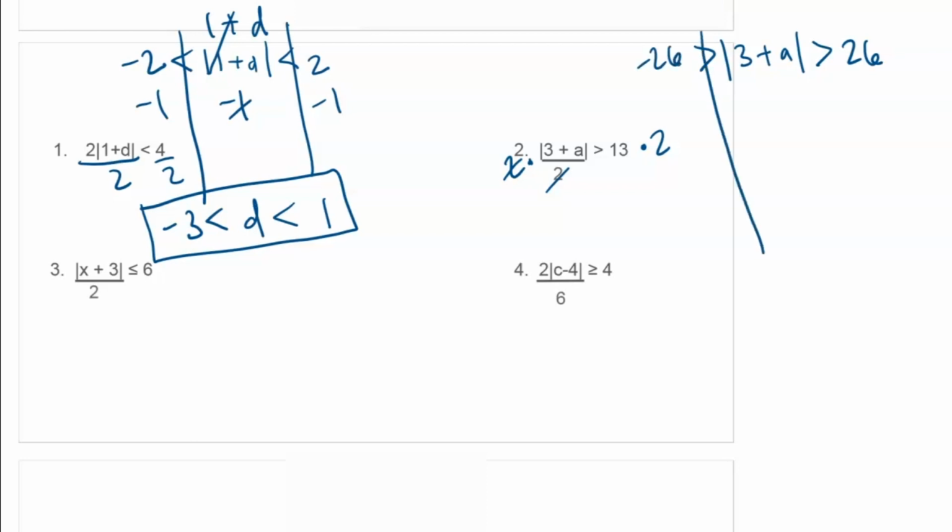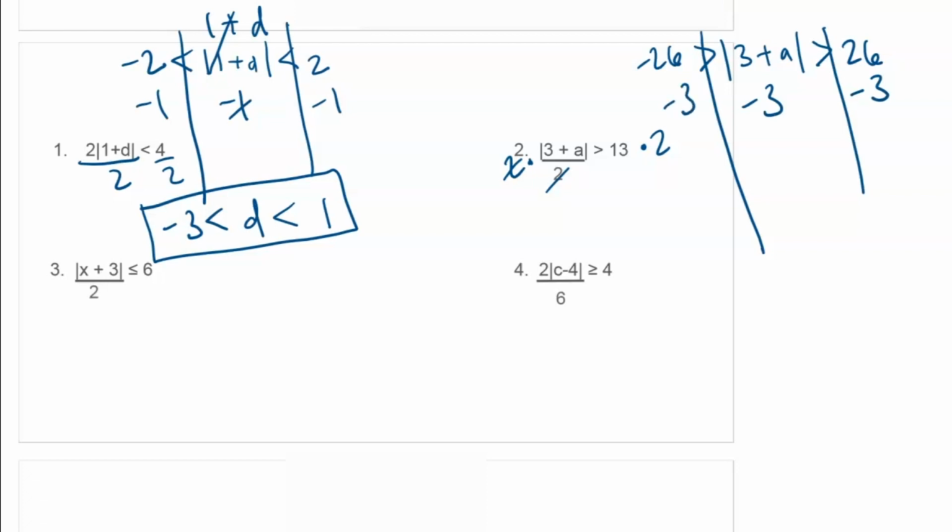And then I'm going to draw my lines through the signs to make the 3 sections, and I'm solving for a. So again, ignoring the absolute value signs for a second. So just imagine this is just 3 plus a, and I'm trying to get a by itself. So I would subtract 3, and make sure you do the same thing in all 3 sections.